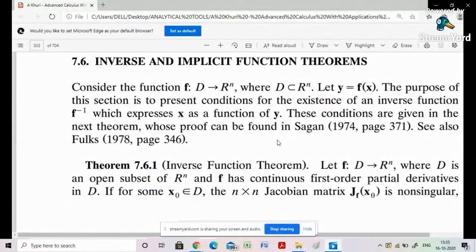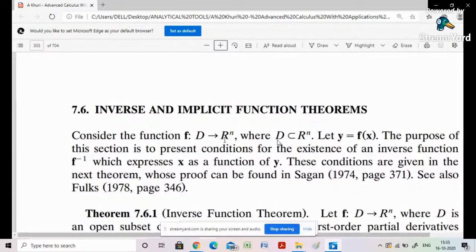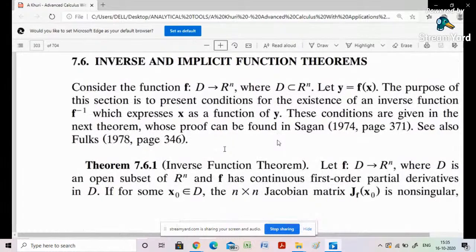Start here. We will discuss the inverse and implicit function theorems. Let us read this concept. Consider a function f from D to Rn, where D is a subset of Rn.